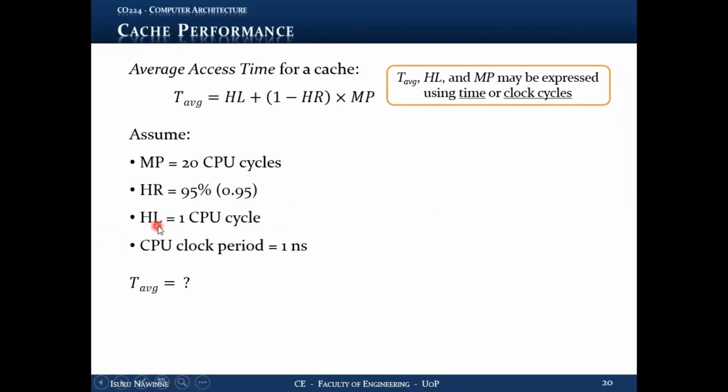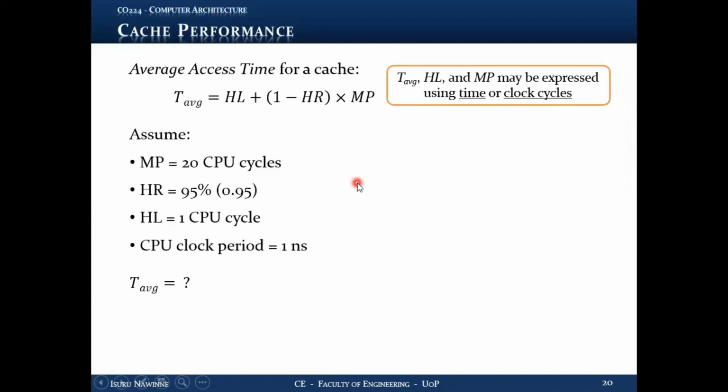Then the hit latency, the time to determine a hit, is one CPU cycle. So within a single CPU cycle, you can determine whether this access is a hit or miss. So in the case of a hit, your cache can supply the data within one CPU cycle. The CPU clock period is 1 nanosecond. That is, the clock frequency is 1 gigahertz. So these are the assumptions that we are making.